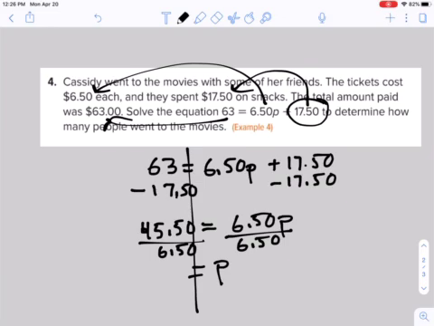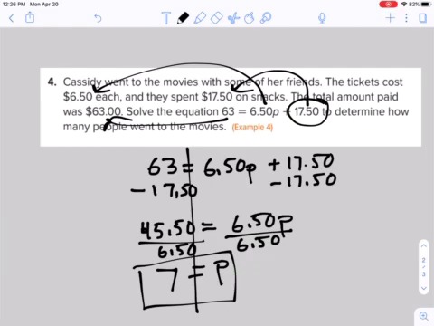And if you get a decimal answer when you're talking about people, how do you have a tenth of a person or 2/10 of a person or something? You don't. So it should make sense. So I'm plugging this into a calculator, and indeed it does make sense. I get 7. That means 7 people went to the movies. All right? You can tell this is old because $6.50 is pretty cheap for a movie.